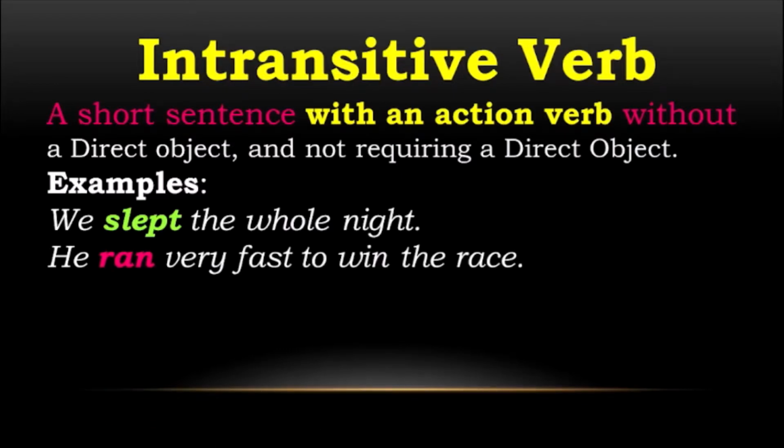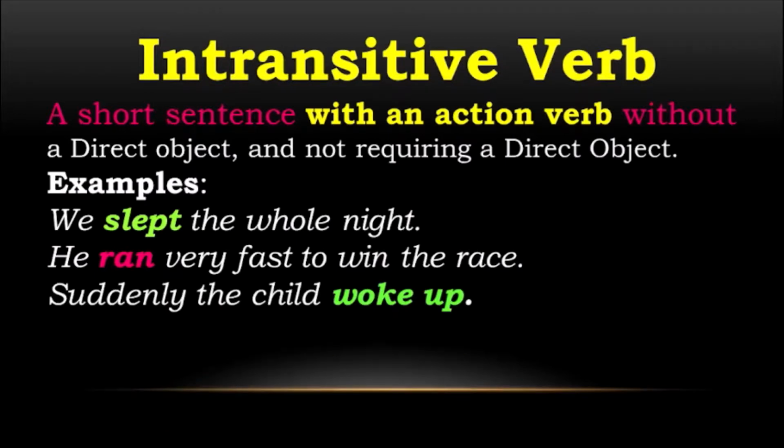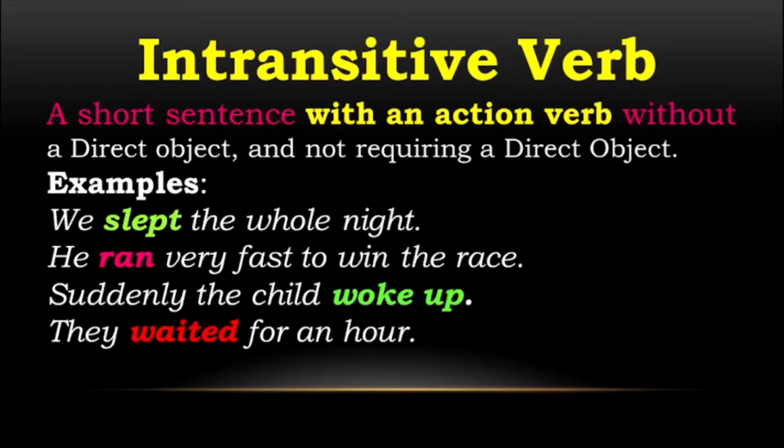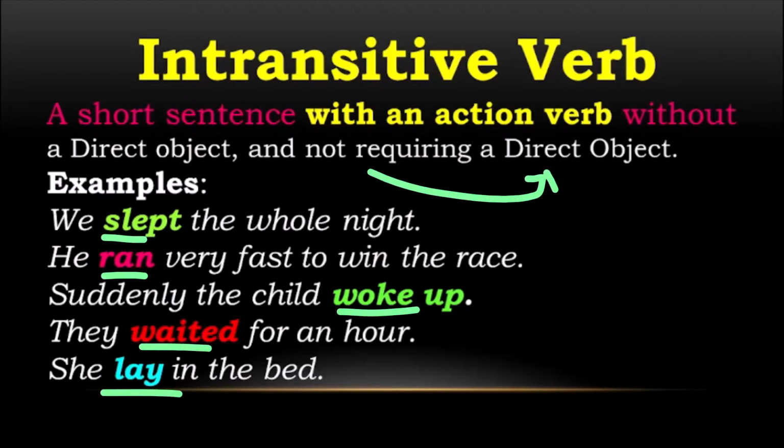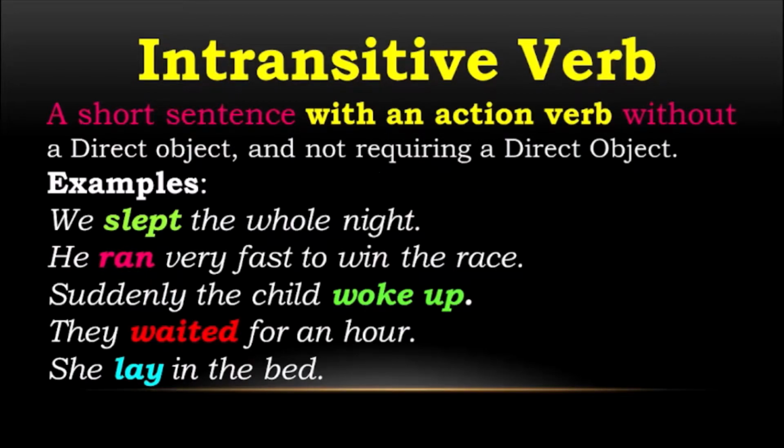He ran very fast to win the race. Ran, run. Suddenly the child woke up. They waited for an hour. She lay in the bed. Here slept, ran, woke up, waited and lay are intransitive verbs. They don't require any object.